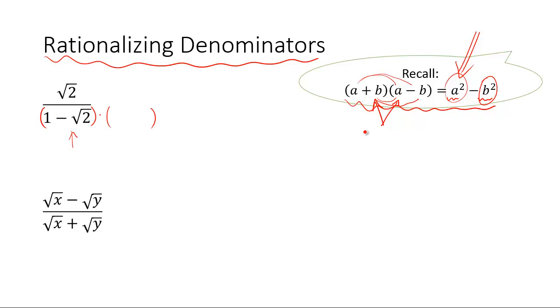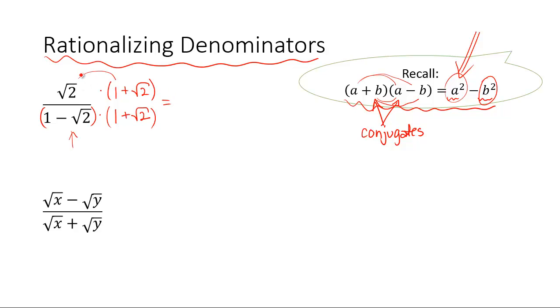These 2 brackets are called conjugates. So you might see or hear someone say multiply by the conjugate. So the other part of the difference of squares formula would be the 1 plus root 2 version. So that's what we want to do to the numerator and the denominator.